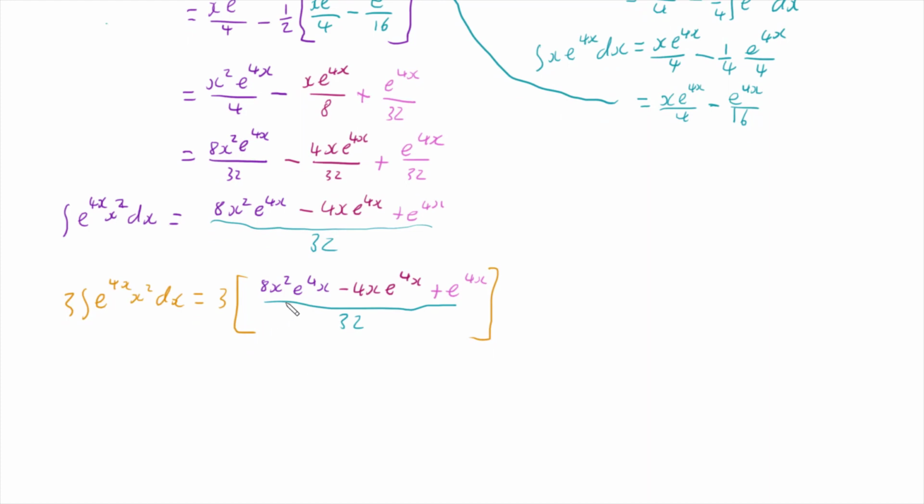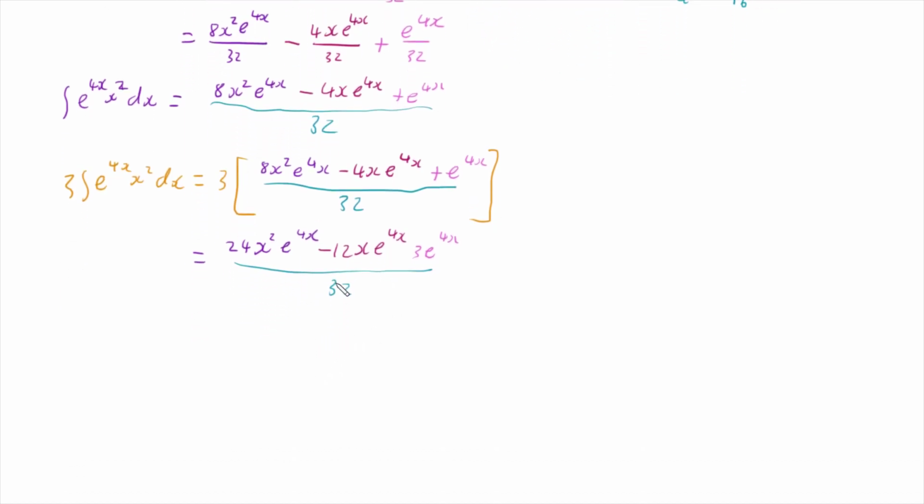And so now if I do a little bit extra tidying up and I multiply this 3 in, 3 times 8 is going to give us 24 x squared e to the 4x. 3 times 4 is going to give us minus 12 x e to the 4x. And 3 times e to the 4x is going to be 3 e to the 4x, and we're still all over 32.